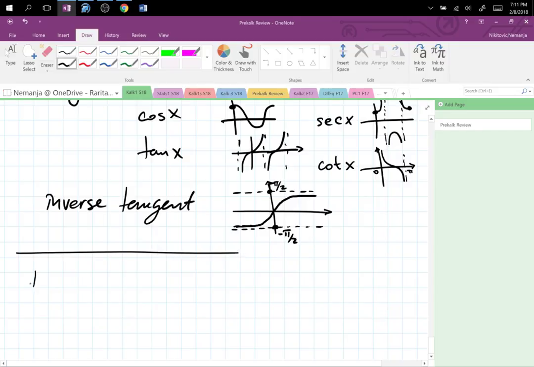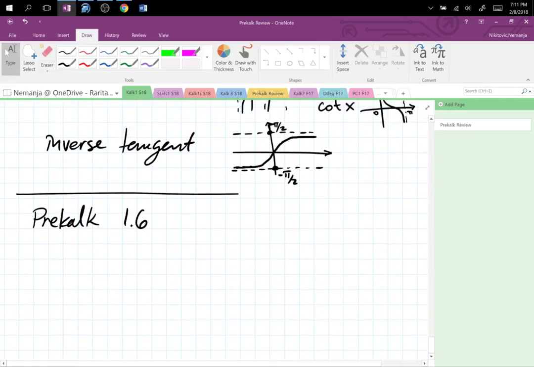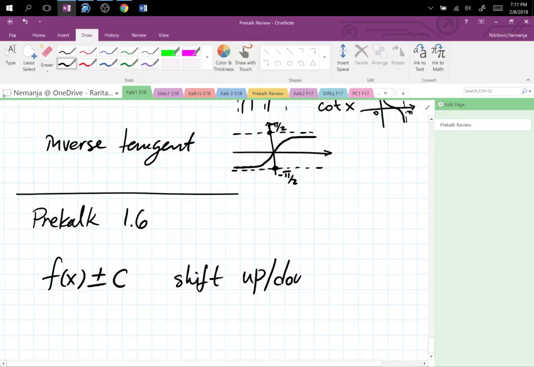So what is this Prekalk 1.6 business? Well, it tells you that if you take a function f of x and you add or subtract a constant to it at the end, what you do is you shift the function up or down.